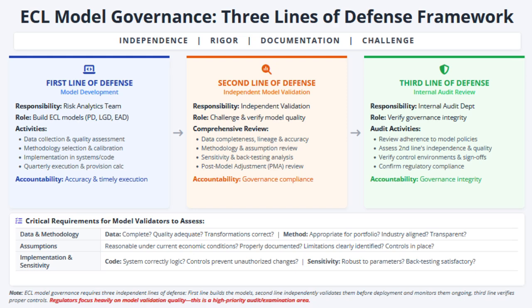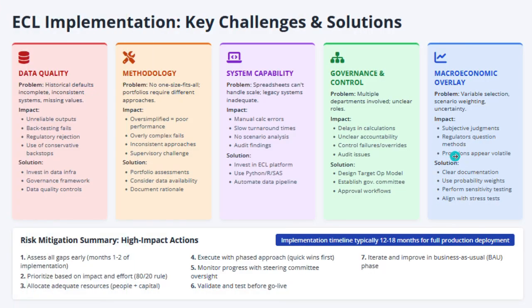Regulators focus heavily on ECL model governance, and audit findings in this area are taken very seriously. Banks that have weak validation frameworks face regulatory criticism as well, and that too very frequently.